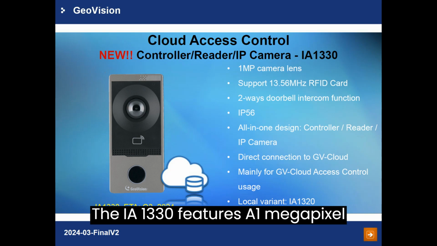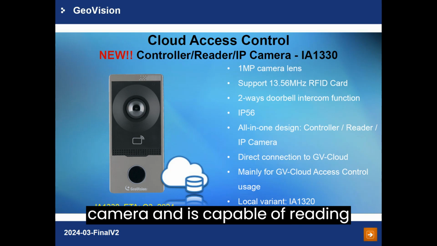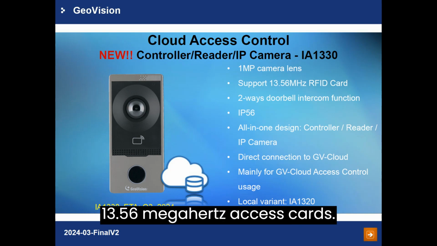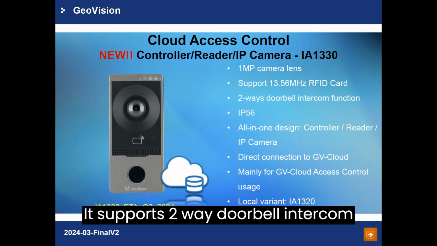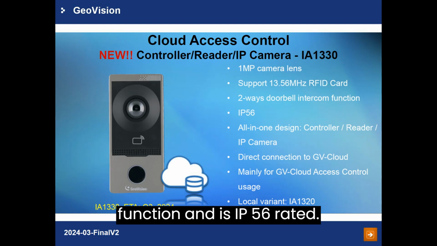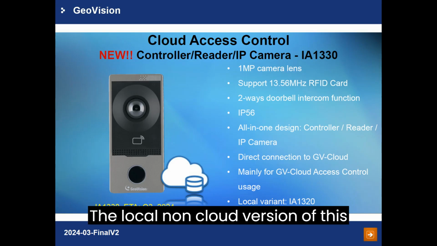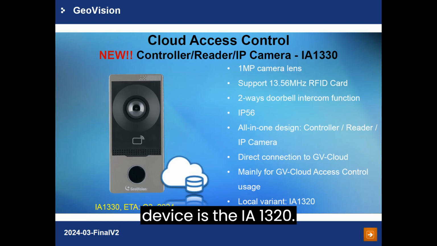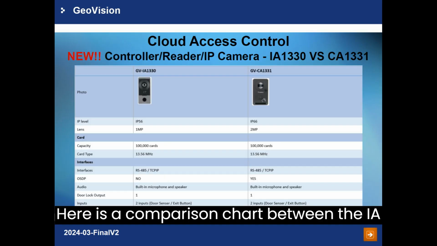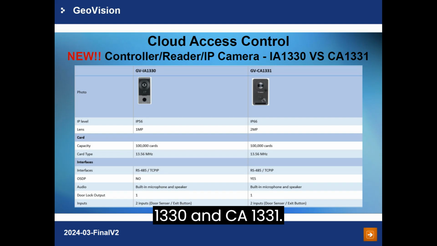The IA1330 features a 1-megapixel camera and is capable of reading 13.56 MHz access cards. It supports 2-way doorbell intercom function and is IP56 rated. The local non-cloud version of this device is the IA1320. Here is a comparison chart between the IA1330 and CA1331.